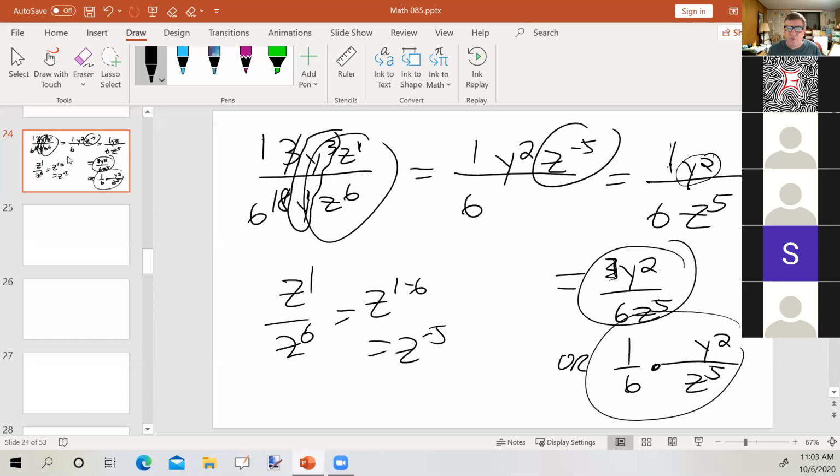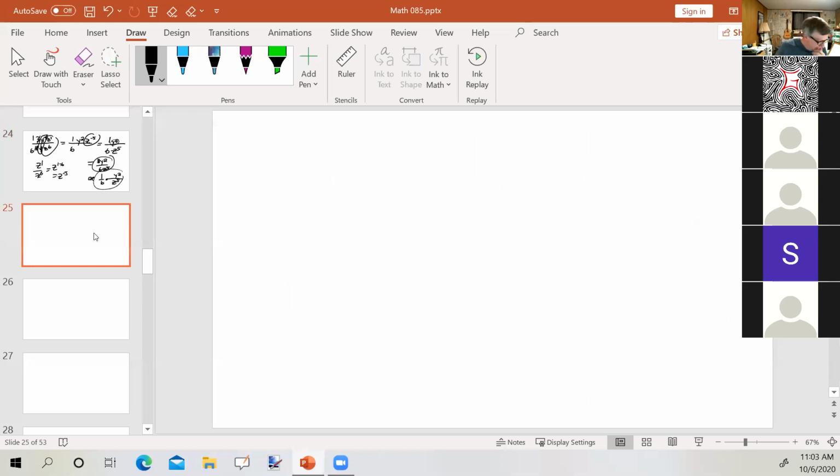Okay, so that was the warm-up. That's actually kind of a review with what happened in chapter 2. Now, we're going to divide a polynomial by a monomial. So that means the numerator is going to have more than one term. The denominator is going to have just one term. So for instance, 6x plus 3 divided by 3. When you are dividing a polynomial by a monomial, the rule is as follows.